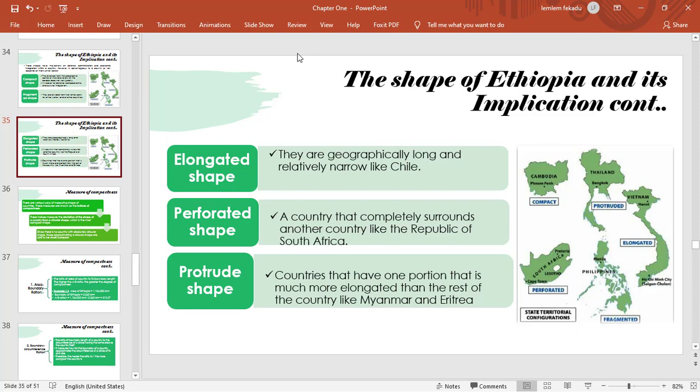And the disadvantages are they are more likely to not be culturally assimilated, and there are more borders to defend and communicate. So these are the disadvantages of protruded countries.